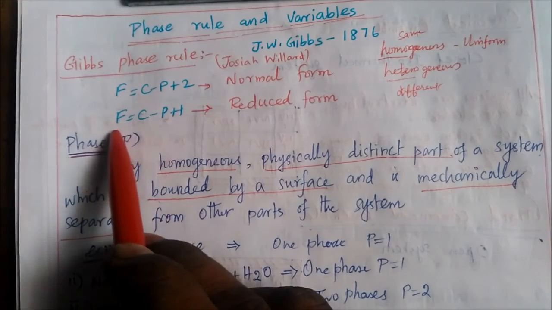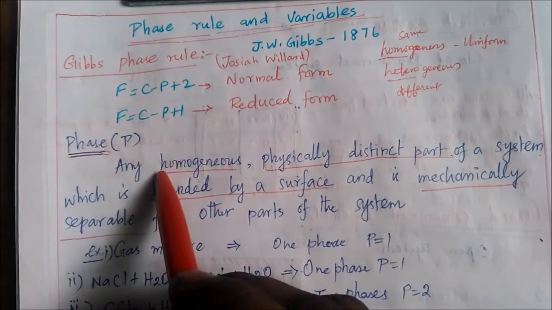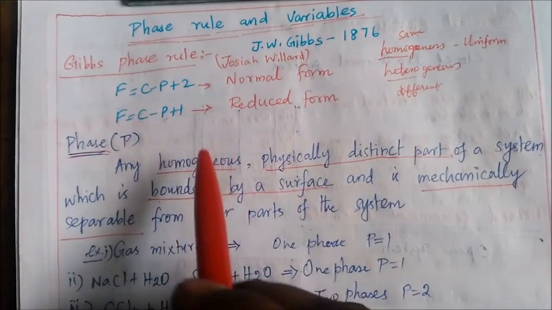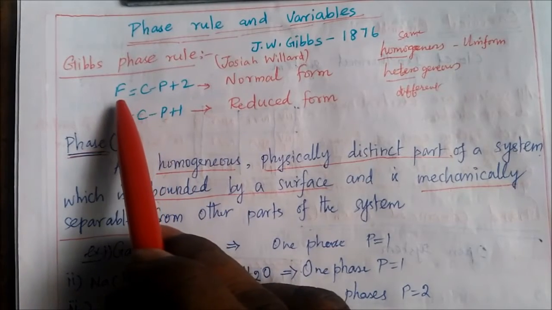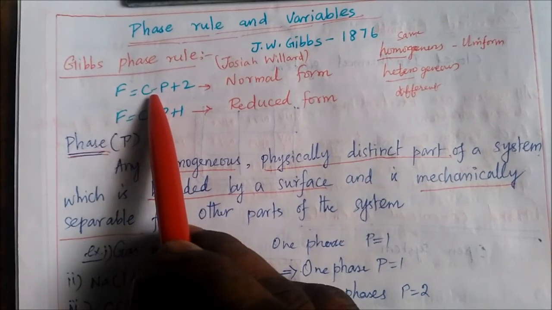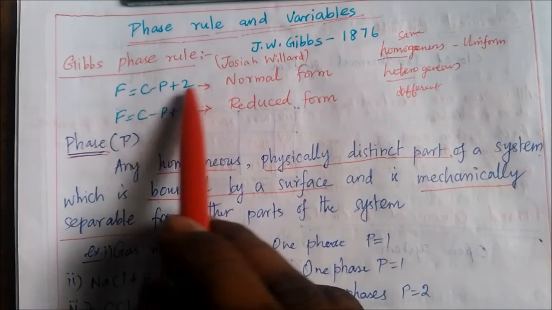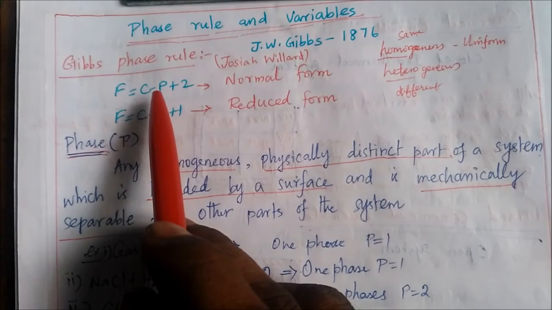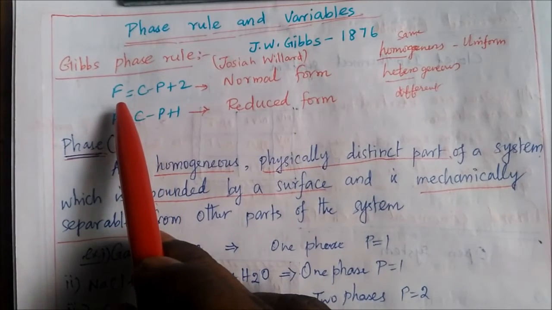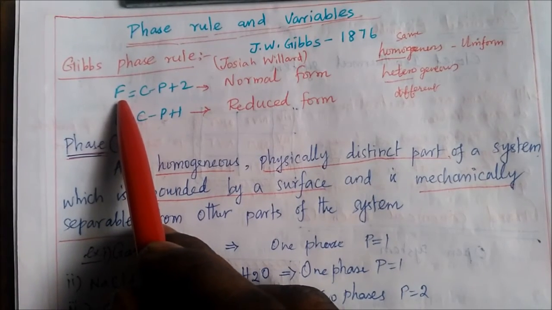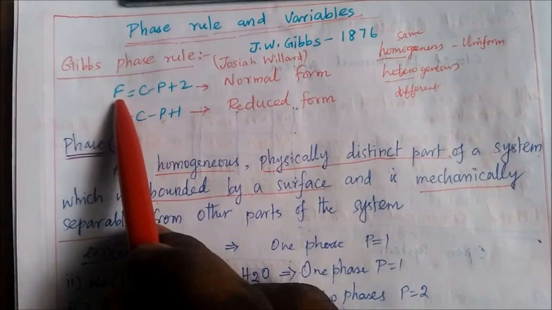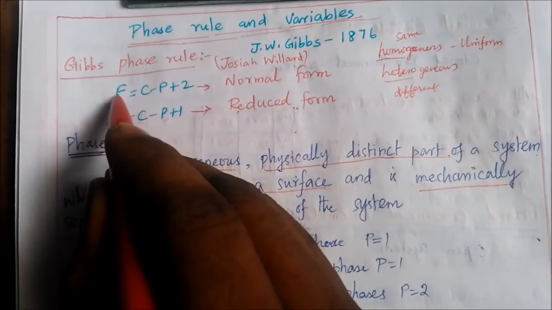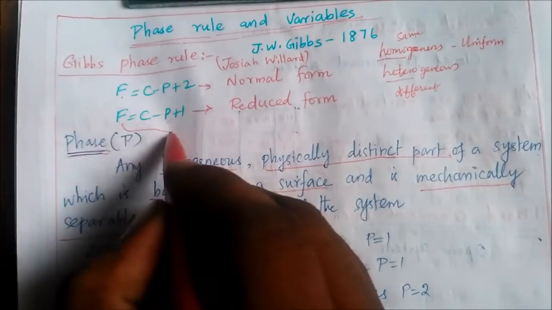So with these things we can get the value of F. But before going into that, we should know what is F, what is C, and what is P, and we should get a clear idea about these letters. What is F? F is degree of freedom or number of degrees of freedom.